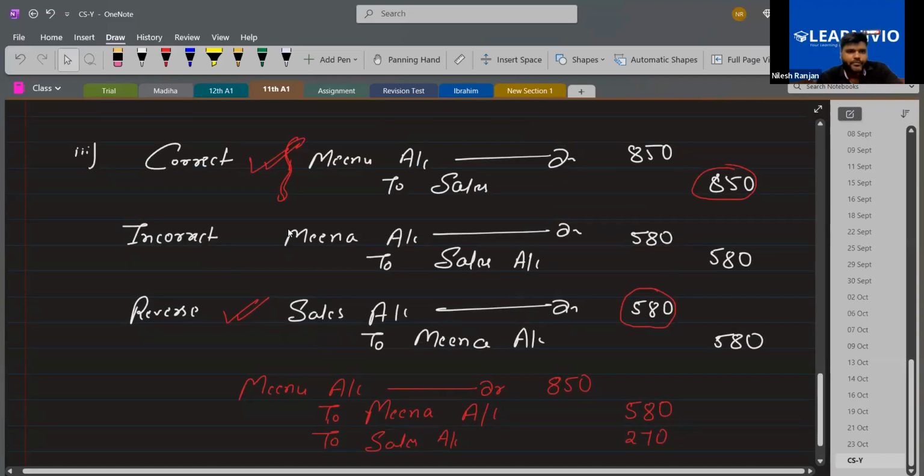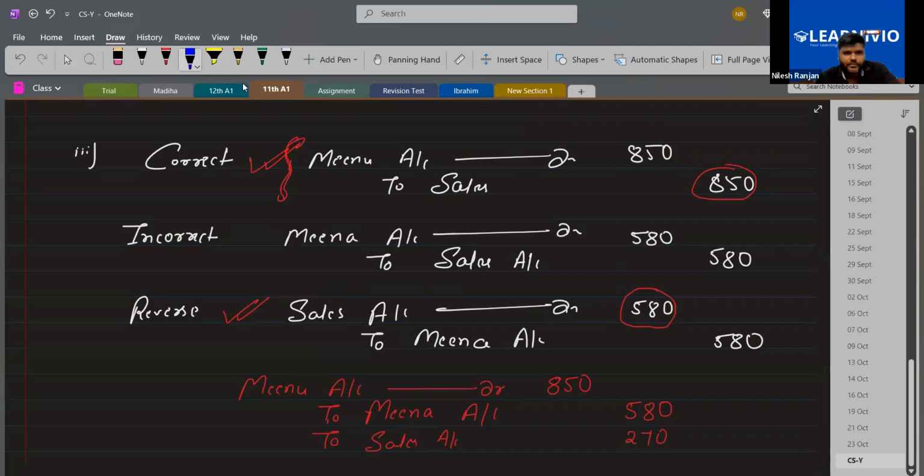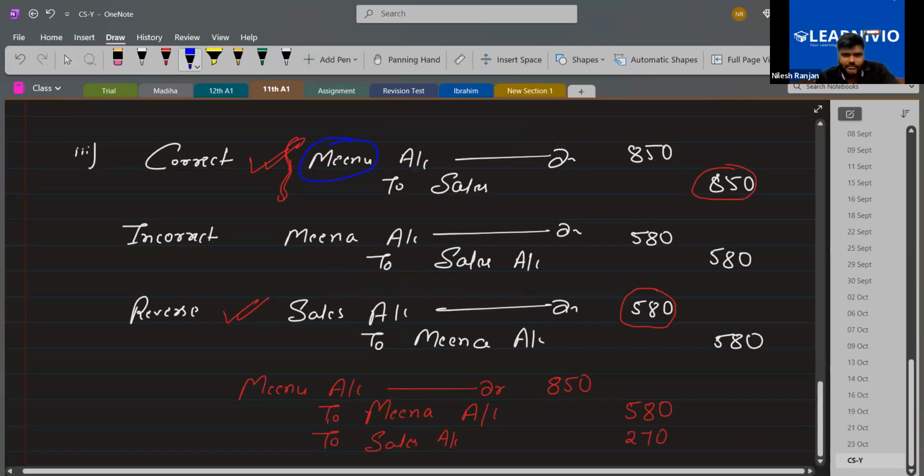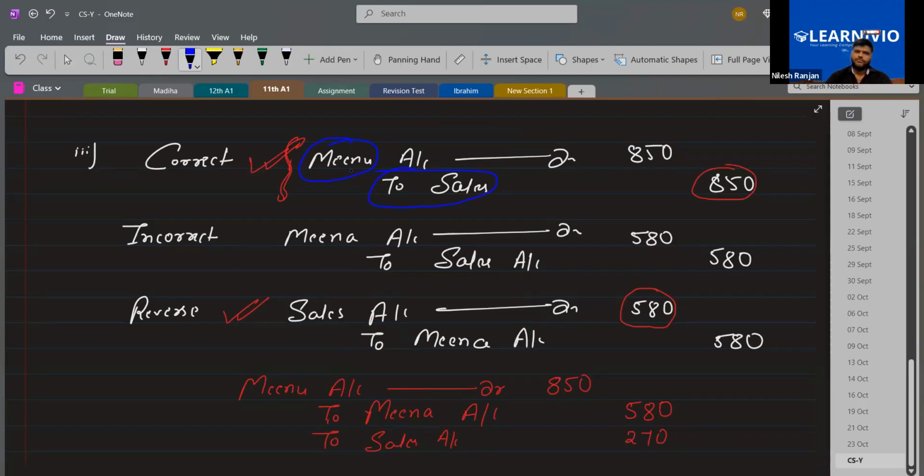Okay. This is the correct one. Is this clear? Any doubt?